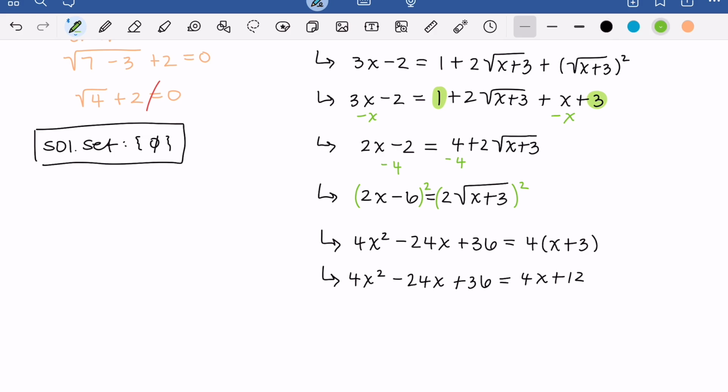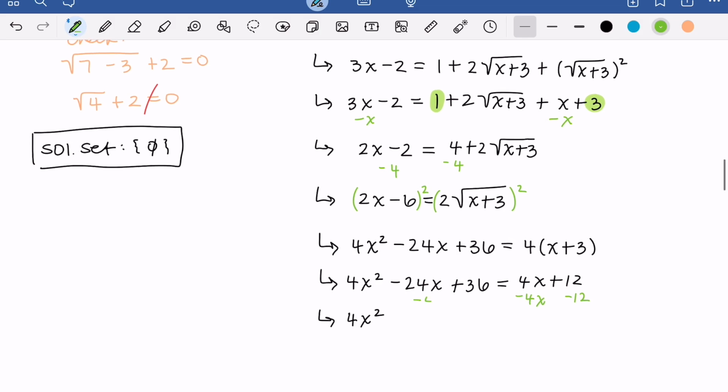So in the same step, I'm going to move everything to one side. Doing that, we're going to have 4x squared, and then we're also moving these over. So this is going to be 4x squared minus 20x plus 24 gives us 0. Now this is looking like something that we can factor.